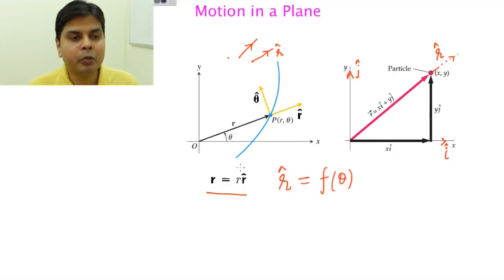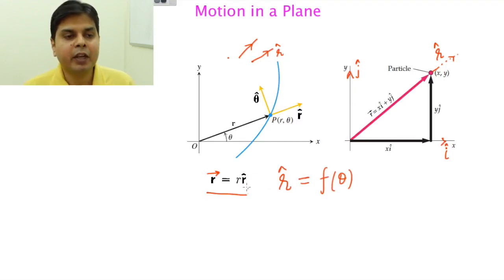So your total position vector depends upon the scale, this magnitude, and also upon theta. Therefore the position vector, given in terms of r, the scalar magnitude, and r cap, depends upon both r and theta.